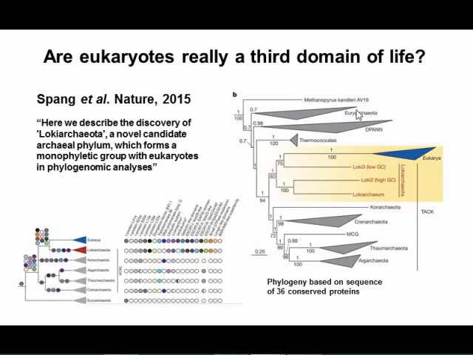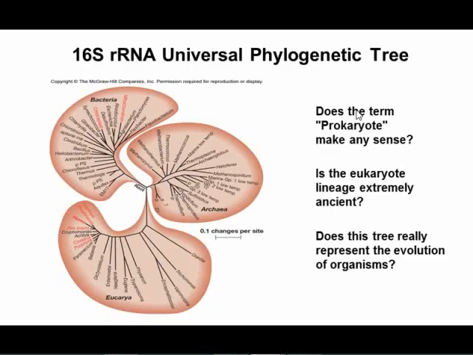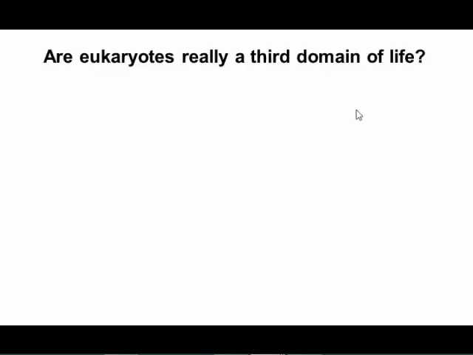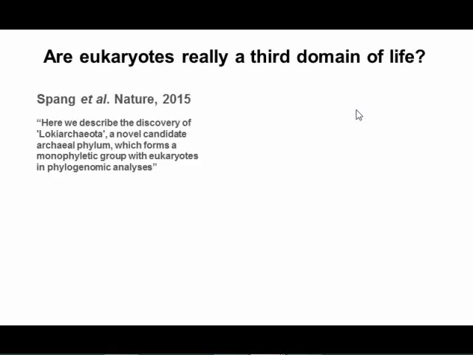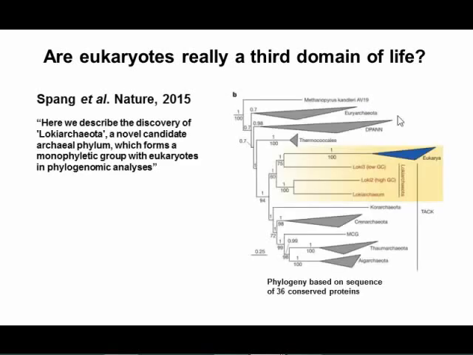This is telling us that probably the three-domain idea about the origin of life is probably not accurate, and that better sampling of the archaea gives us a more accurate phylogenetic reconstruction. So probably this represents the history of the eukaryote lineage a bit better. Okay, eukaryotes cluster within one part of the archaea.